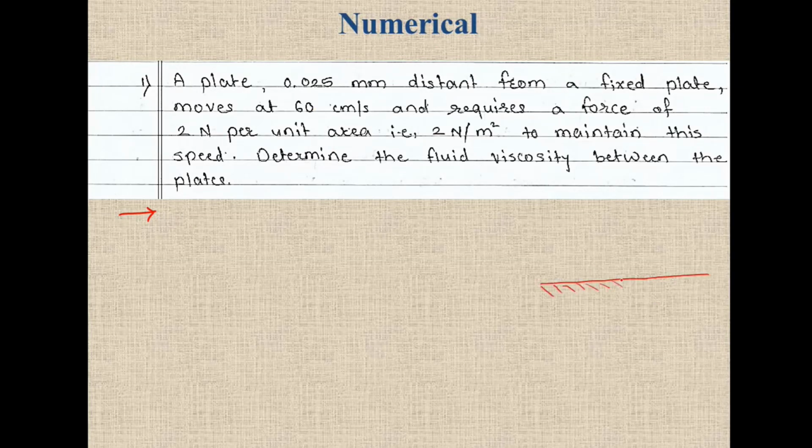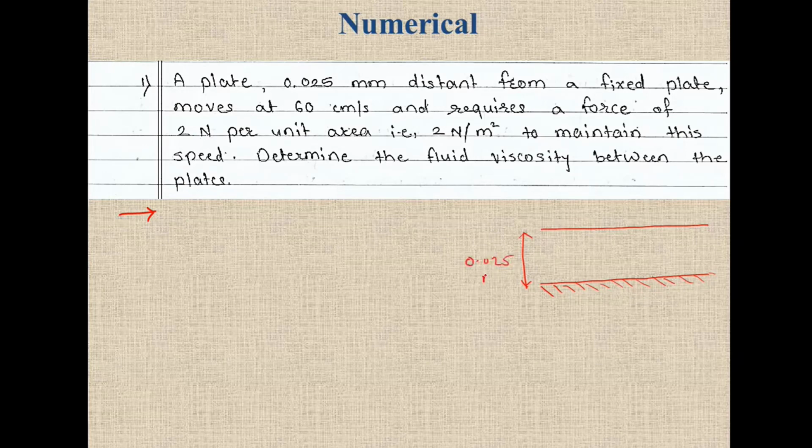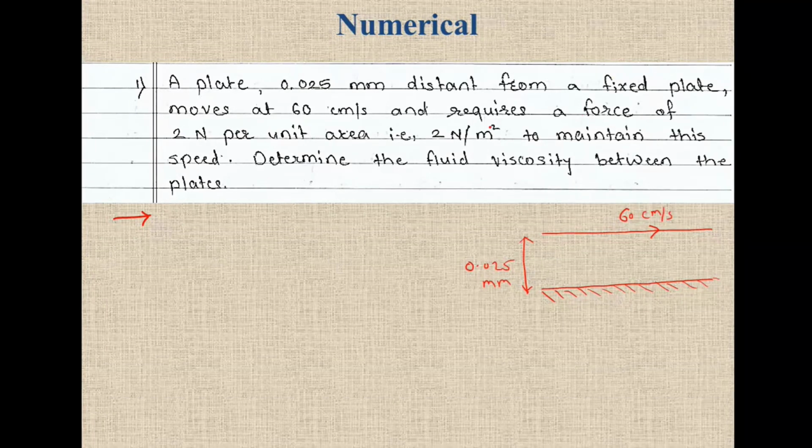So this is the fixed plate and this is the other plate, and the distance between these two plates is 0.025 mm. Okay, and this plate is moving with a velocity of 60 centimeter per second and requires a force of 2 Newton per unit area.